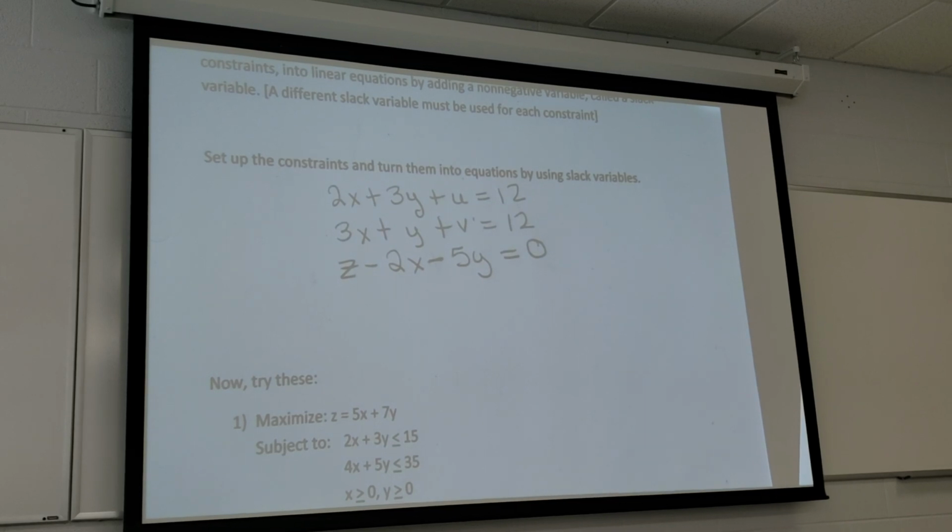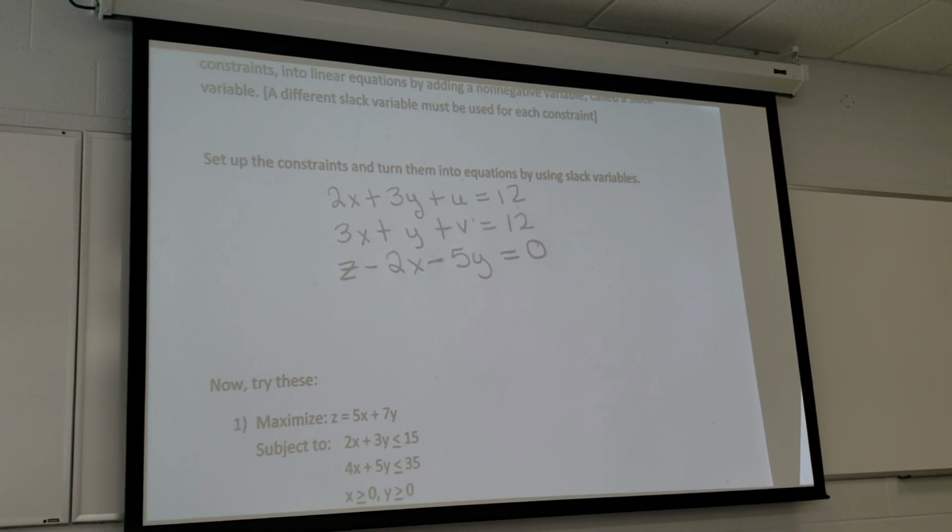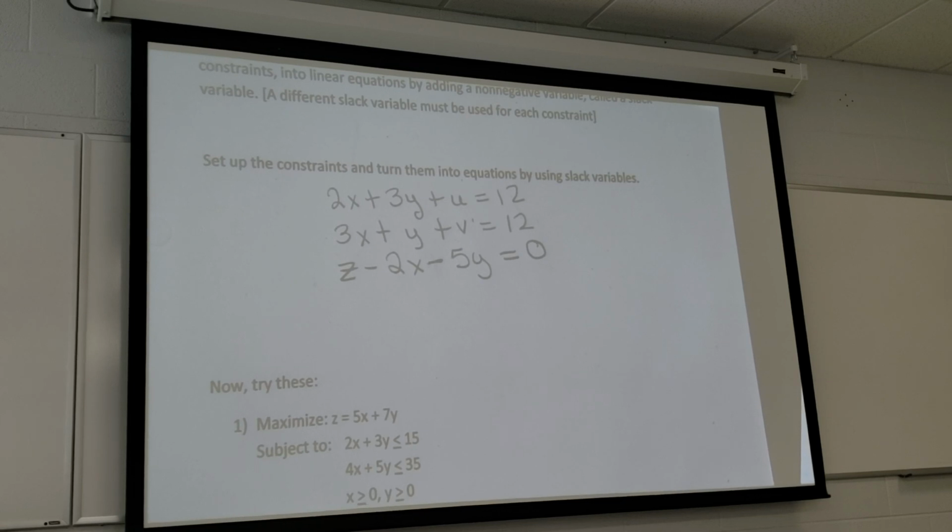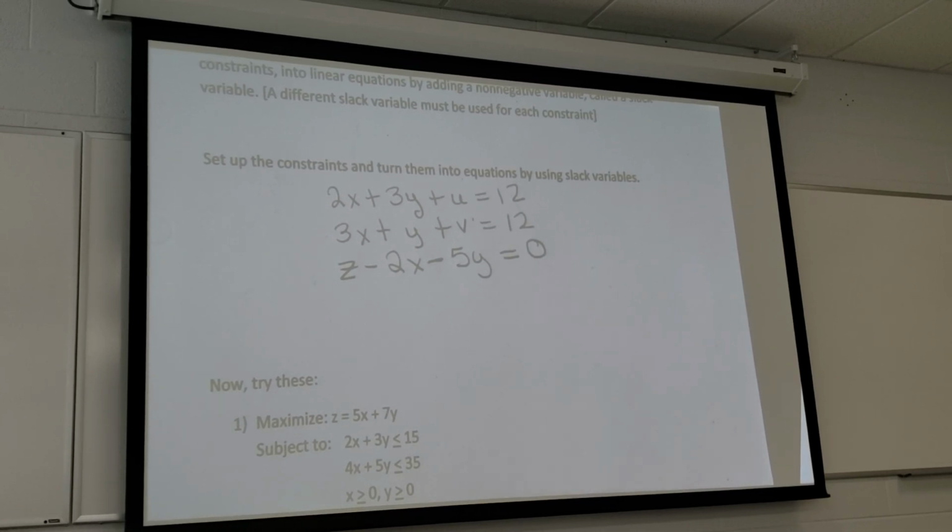Now, that's step one. You rewrite the equations. We're going to put it into a matrix. And this is how the matrix has to be written. Make it a big matrix.